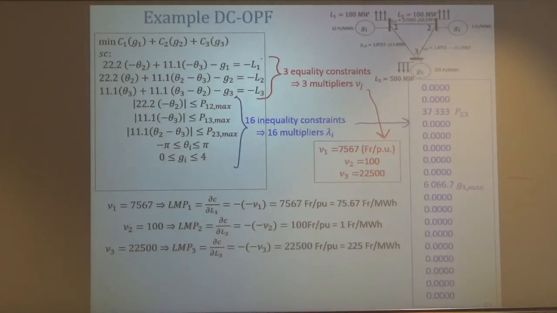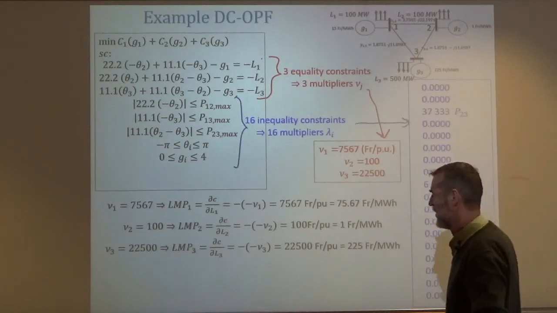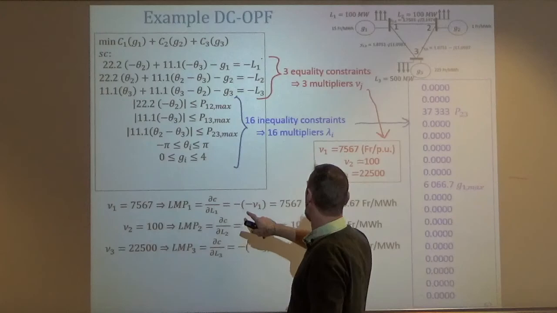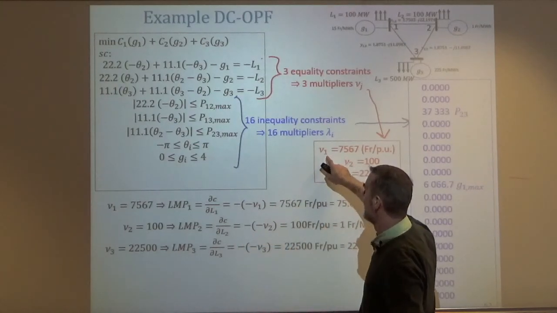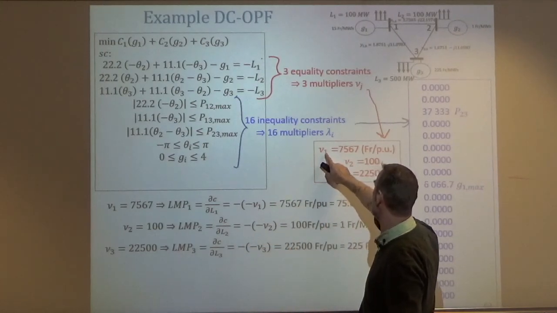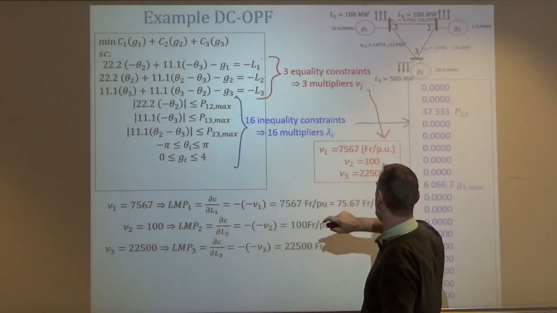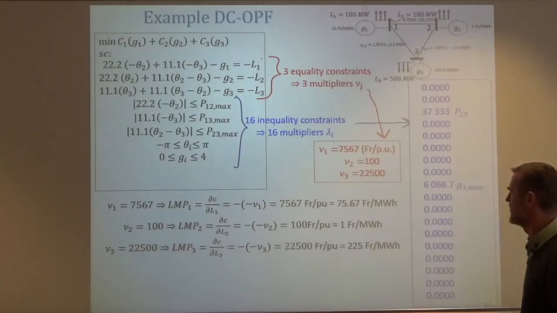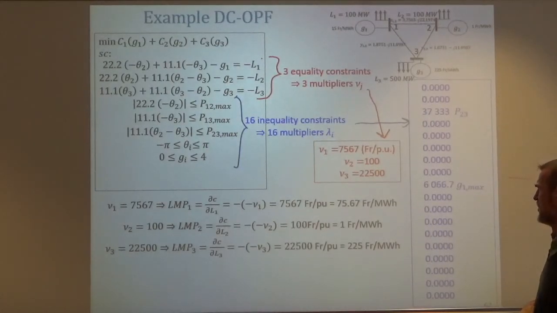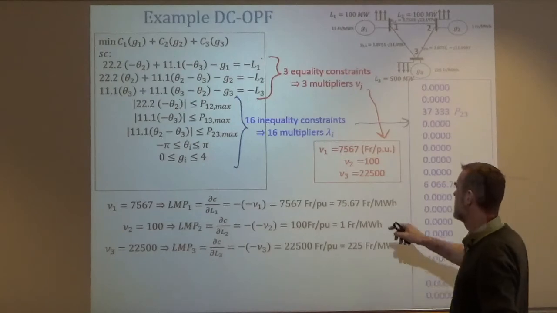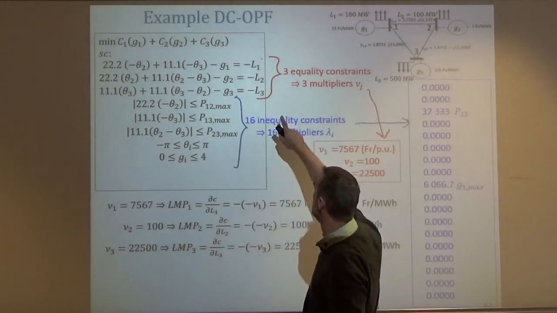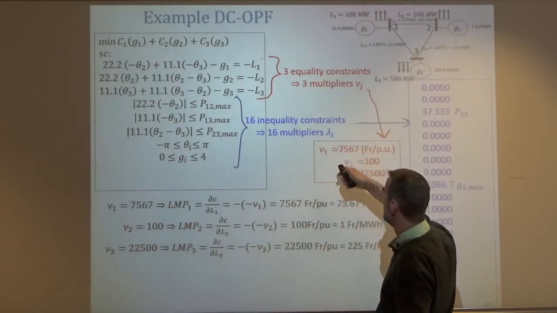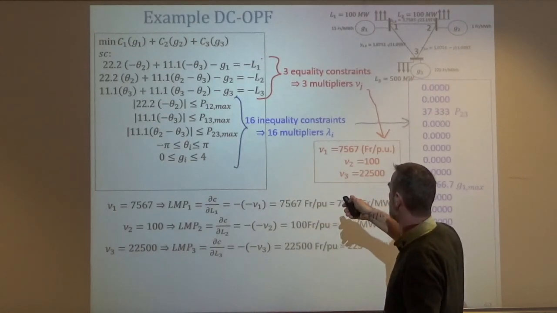One minute and we're done. So the Lagrange multipliers are called nu here. I find, for example, that the inequality constraint with respect to the first equality, so equality 1, this one here, the three equalities, 3 Lagrange multipliers, 16 inequalities, 16 Lagrange multipliers.